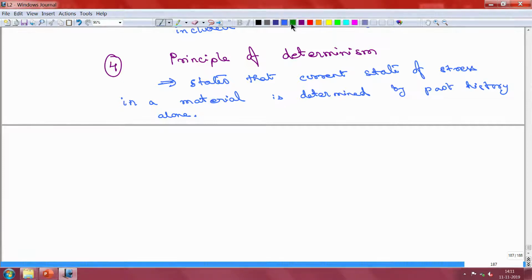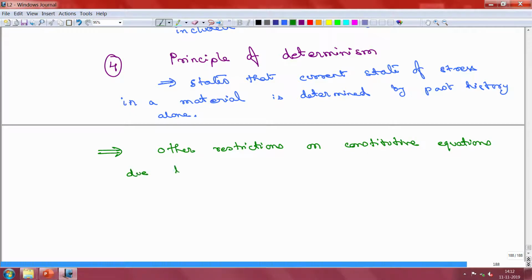Apart from all this, other restrictions can also apply, for example, based on the symmetry of the material. So, other restrictions on constitutive equations due to symmetry may be imposed.